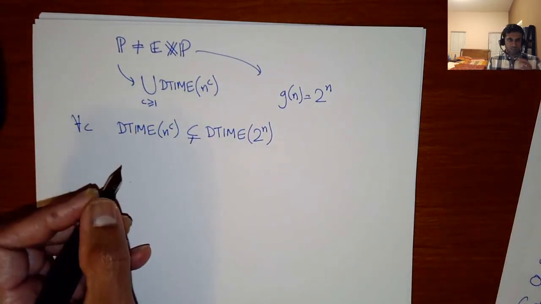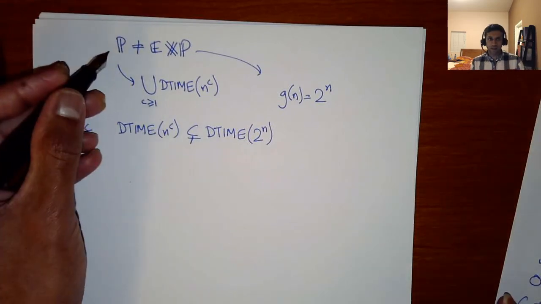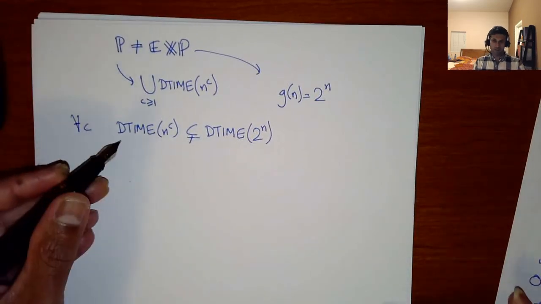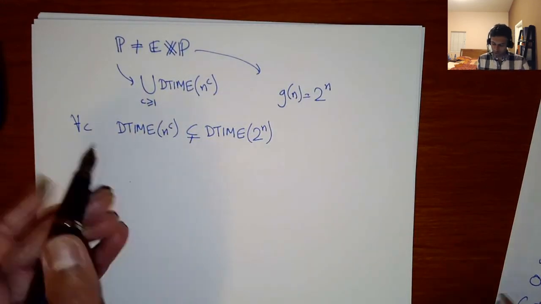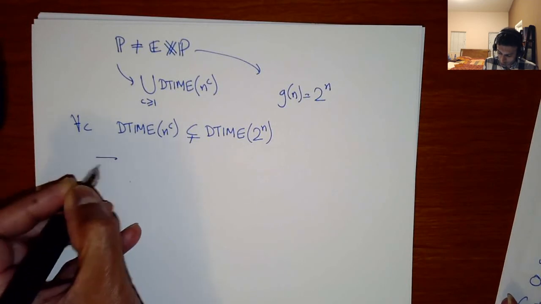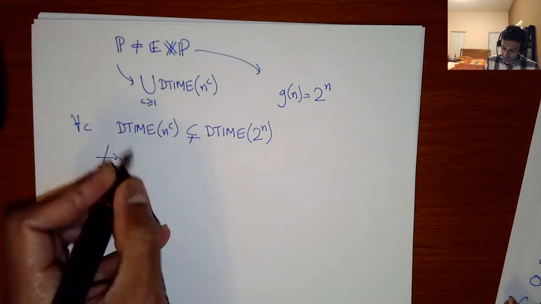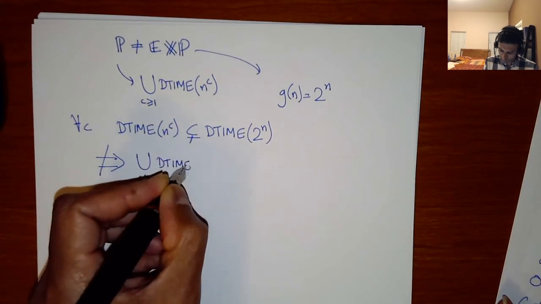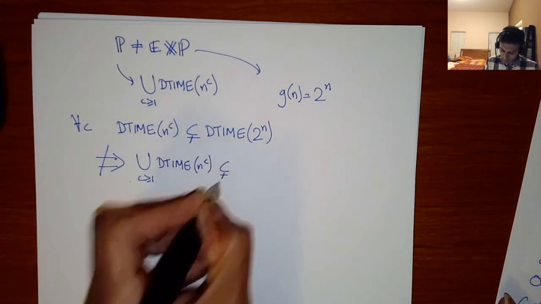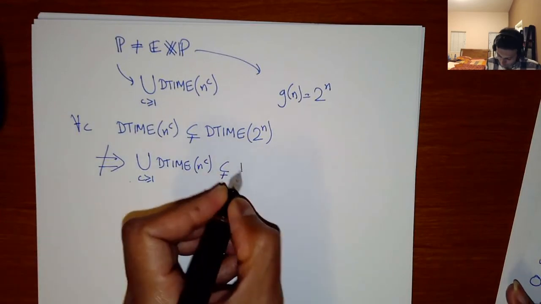But this by itself does not imply P is not equal to EXP because this is an infinite union. So you have to be careful, right? This does not imply that I could immediately just take the union, because this is an infinite union.